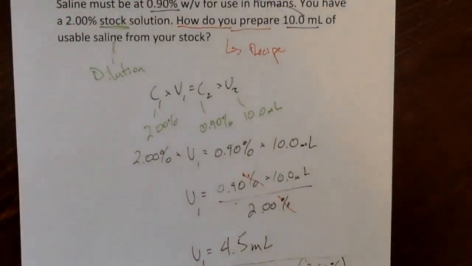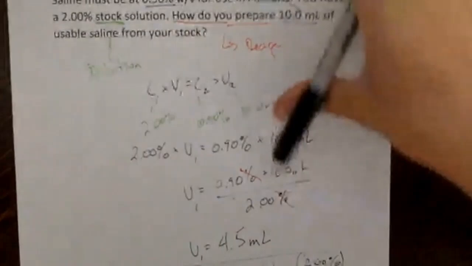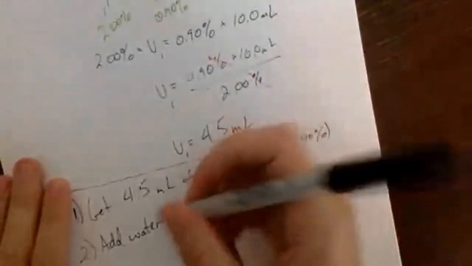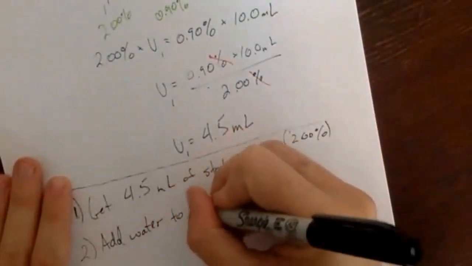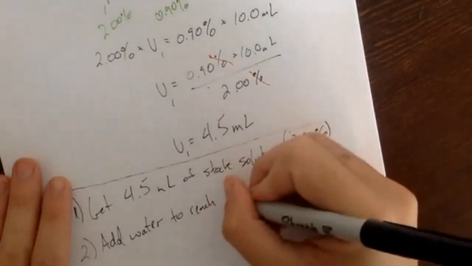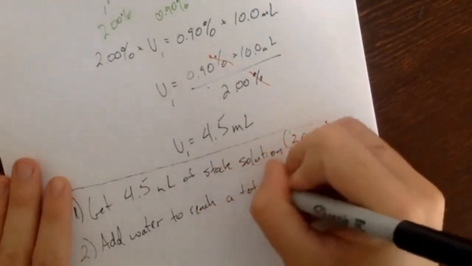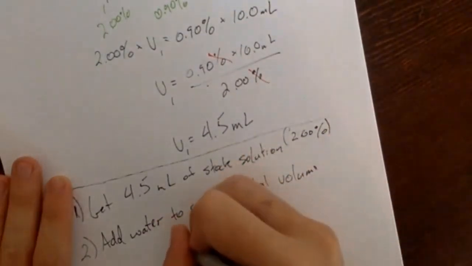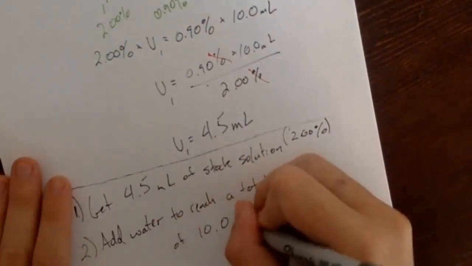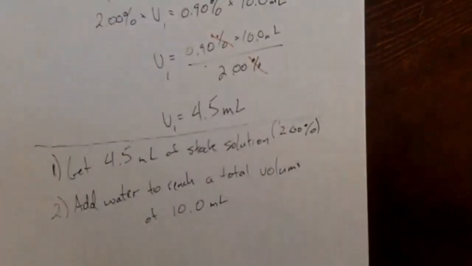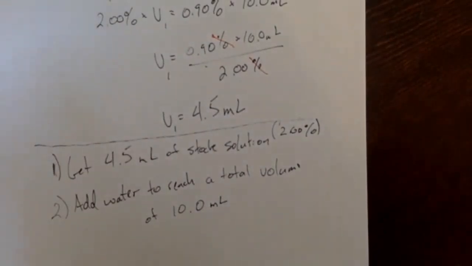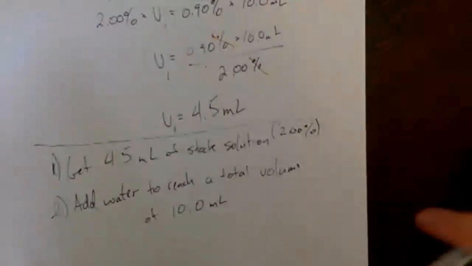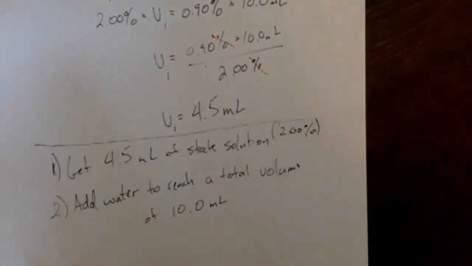You don't add 5.5 milliliters. Instead, you add water to reach a total volume of 10.0 milliliters. It's going to be close to 5.5, but it's not going to be exactly 5.5.